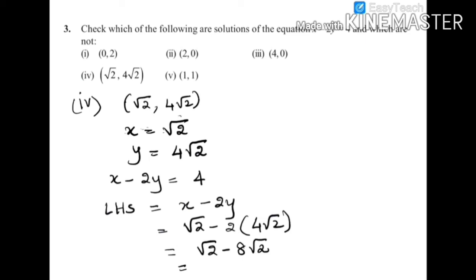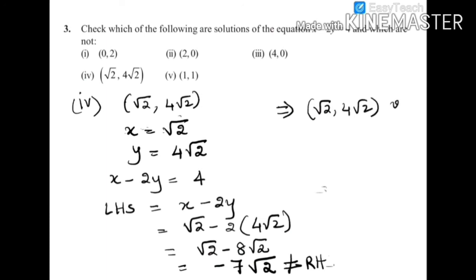So we get 1 minus 8, that is minus 7 root 2. On the right hand side of the equation we have 4. So this is not equal to RHS. So root 2 comma 4 root 2 is not a solution of the given equation.